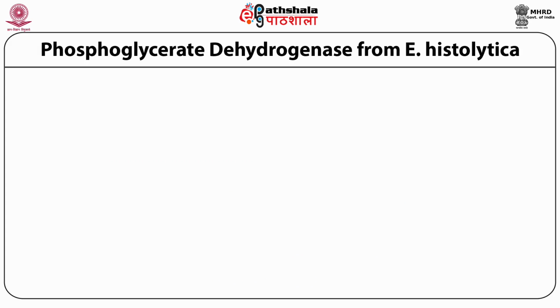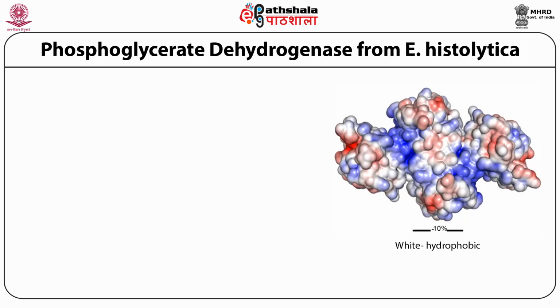If you see the PGDH in charge-based color format, you can see the dimeric interface is completely white. The white is basically the hydrophobic residues, the blue colored are the positively charged residues, and the red ones are the negatively charged residues. So in the dimeric interface, you can clearly see it's dominated by white color, clearly indicating there are several hydrophobic interactions.